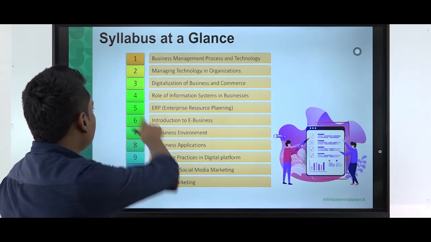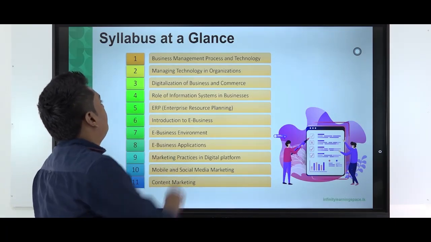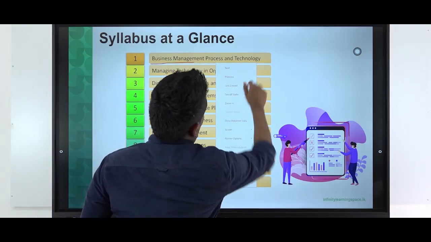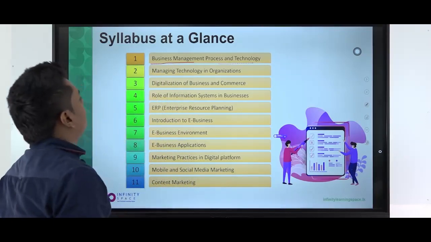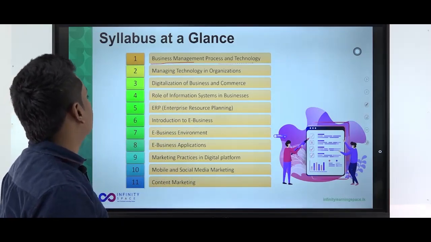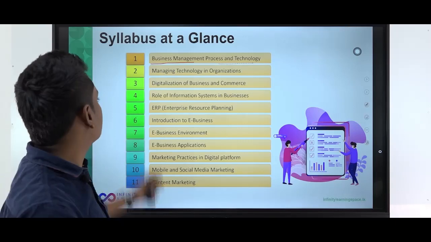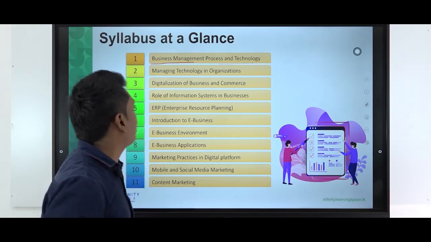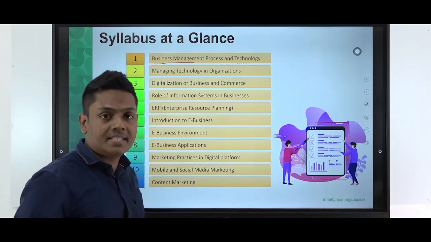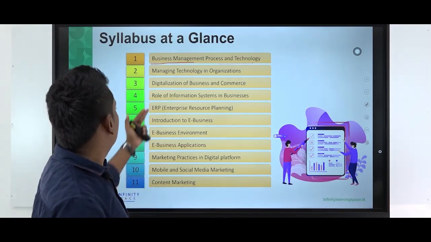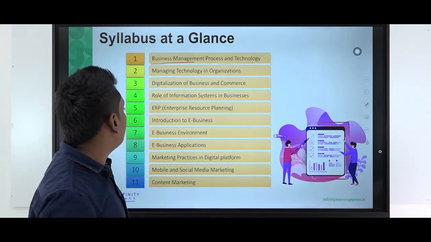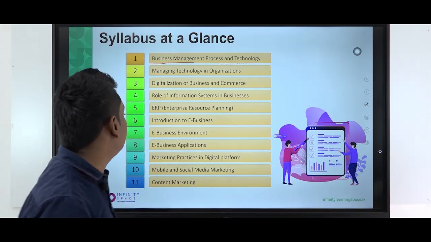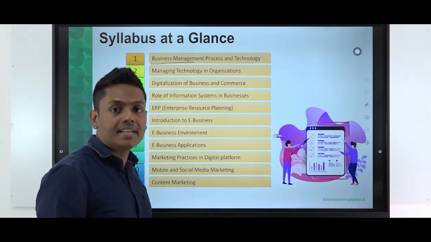So, number one, business management, process and technology. This is the first chapter that will be covered in your syllabus. Likewise, the second, managing technology in organizations, digitalization of business and commerce, and the role of information systems in businesses. And the fifth chapter will be ERP, enterprise resource planning.